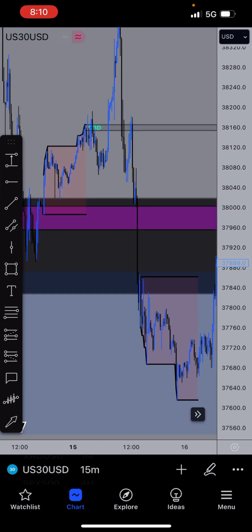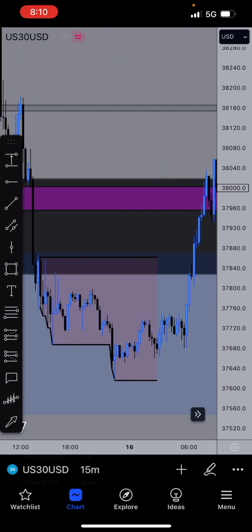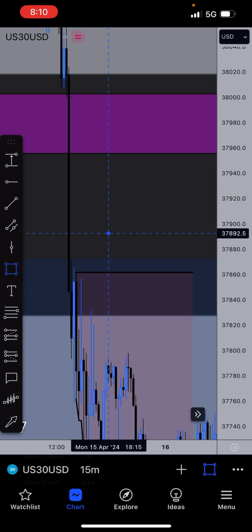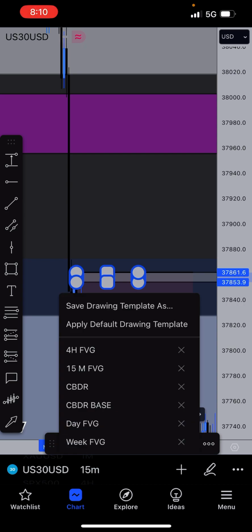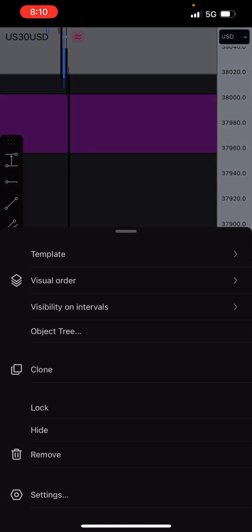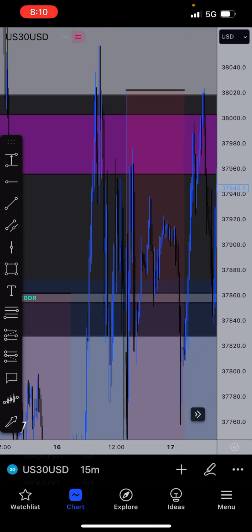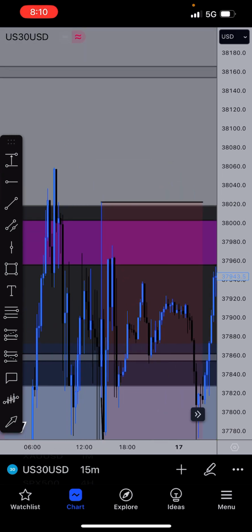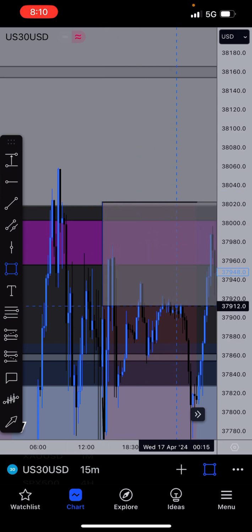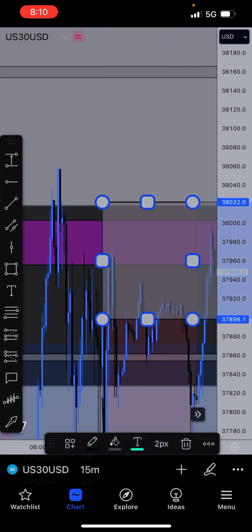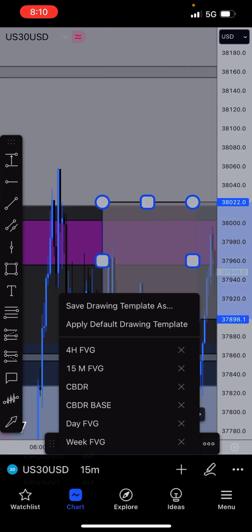And again, I'm just looking for all the ranges that are within this black monthly range that we're looking to trade. Let's lock that in. Next is this one here. This is a very significant area because we got that weekly fair value gap.